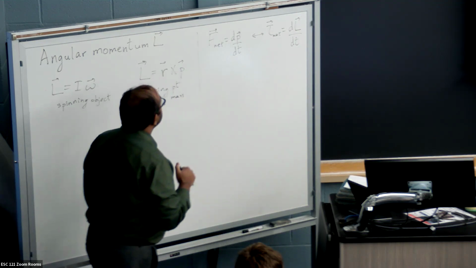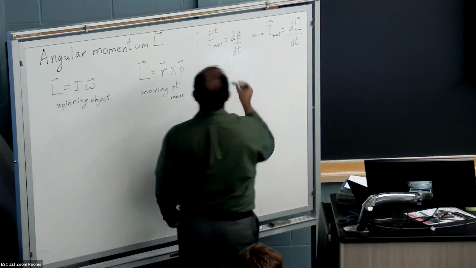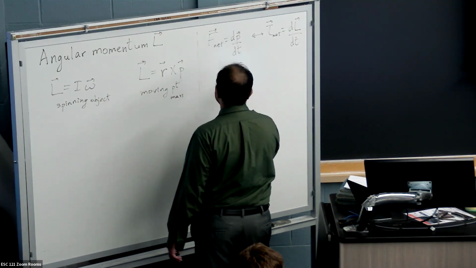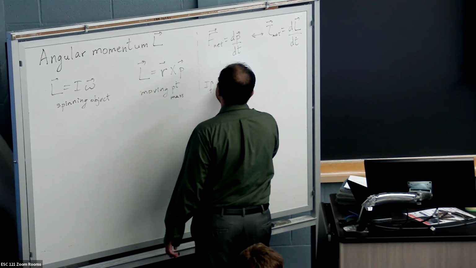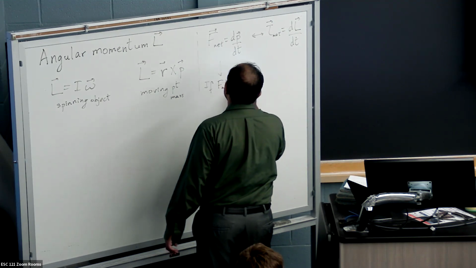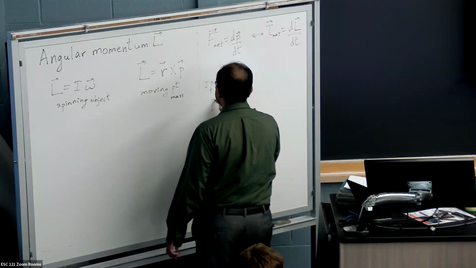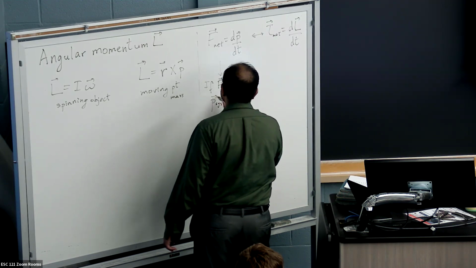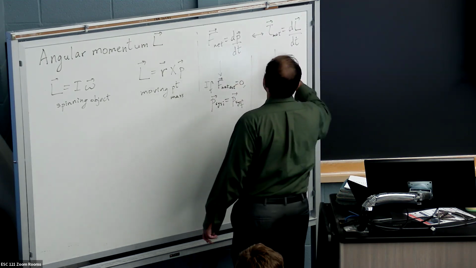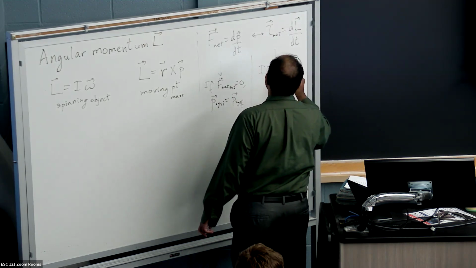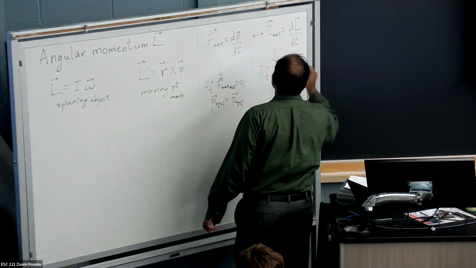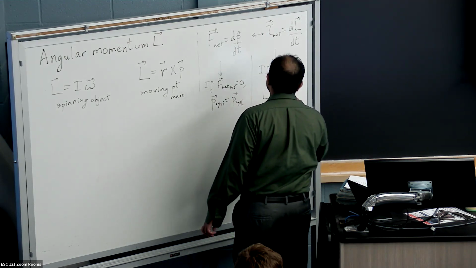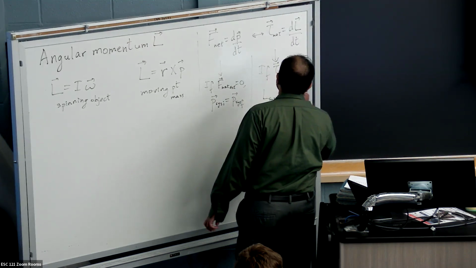And torque is the rate of change of angular momentum. Similarly, the second law in terms of force and momentum told us that if F net external equals 0, then P system initial equals P system final. And so similarly, if tau net external equals 0, we have L system initial equals L system final.